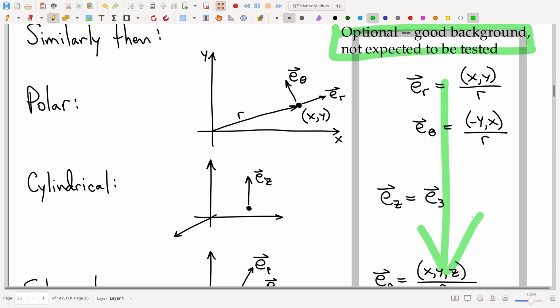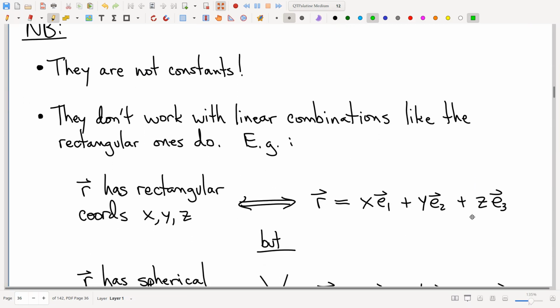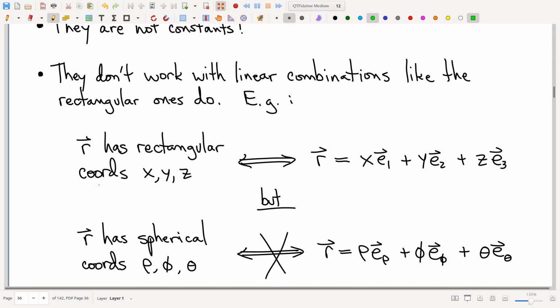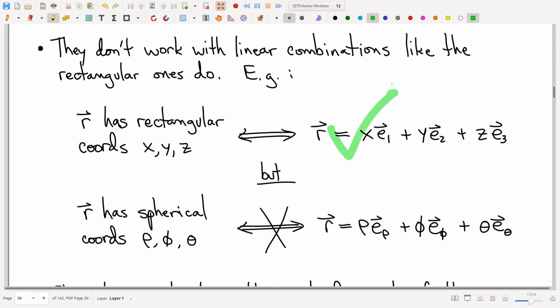As we just observed, they're not constants. That's an unfortunate reality we have to deal with. They don't play nice linear combination games. We've talked in the past about how rectangular standard basis vectors are really nice: coordinates give you coefficients when you're using standard basis vectors.